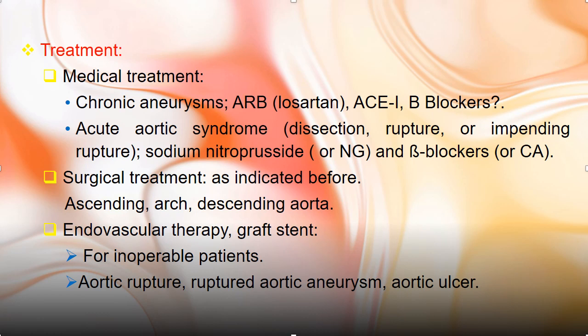Regarding surgical treatment, they usually excise the aneurysmal portion and put a conduit, usually from Dacron. In the ascending aorta, our famous doctor Magdy Alghowhary is a pioneer surgeon in the treatment of ascending aortic aneurysm with preservation of the aortic valve.